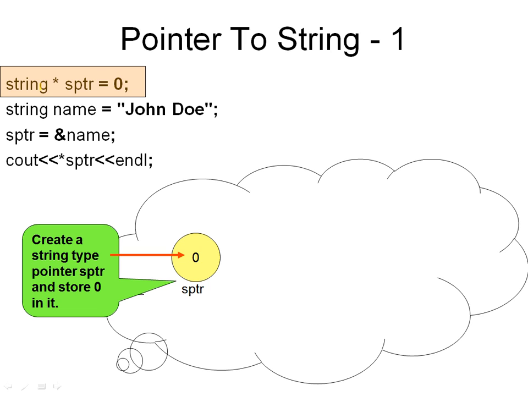So in the first line, I declare a string pointer SPTR, set it to 0. So inside my RAM, this is my RAM cloud, I create a string type pointer SPTR and store 0 in it. 0 is also sometimes called null, so I'm storing null inside that pointer. A null pointer does not point anywhere. It's not a dangling pointer, but it's still an orphan pointer.